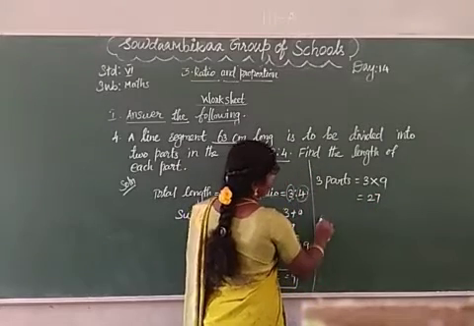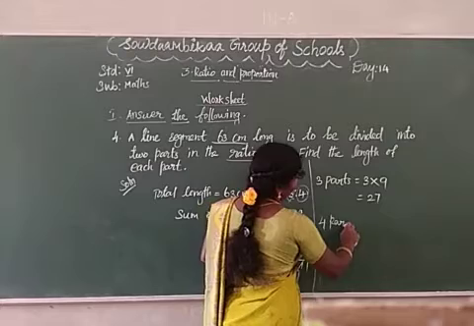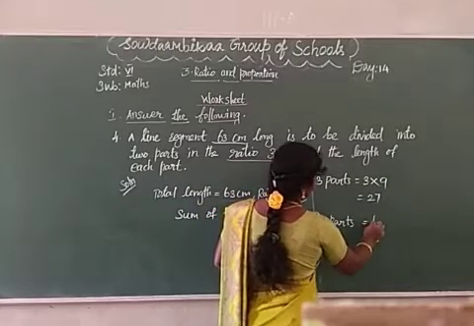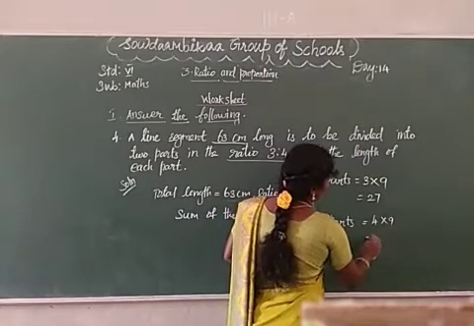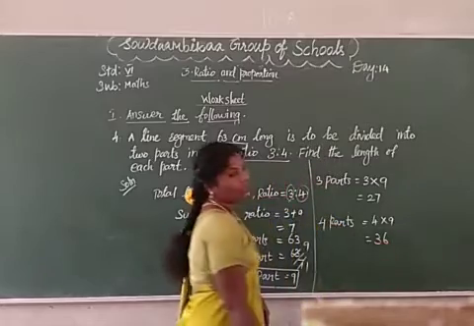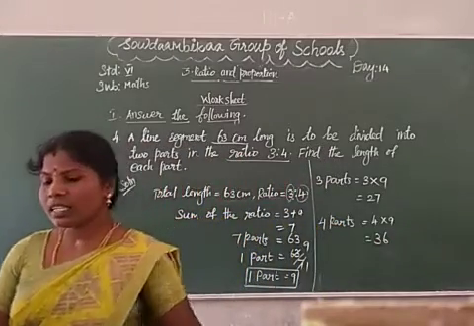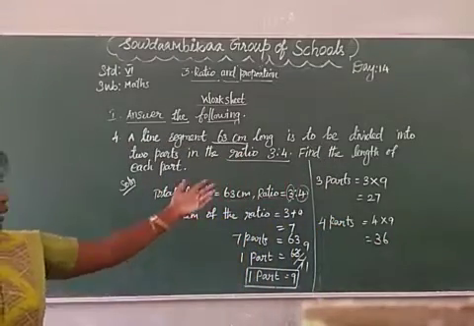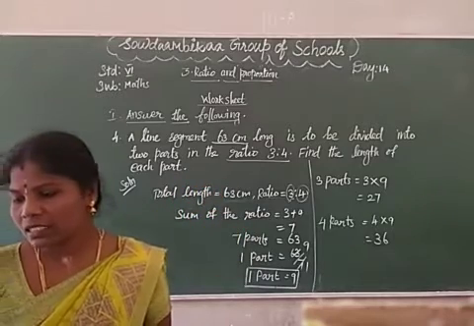Now 4 parts equal to 4 into 9. 9 4s are 36. Okay. So 63 centimeters can be divided into 27 and 36. Okay.